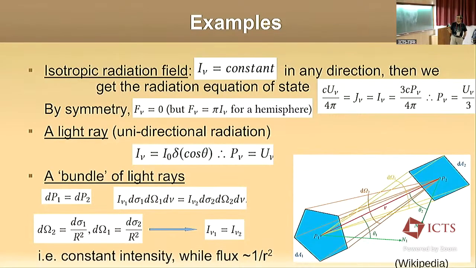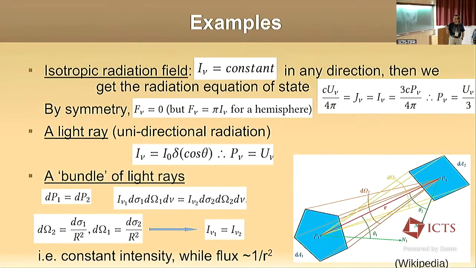In this case, the intensity is just the intensity, and you can indicate the unidirection with some kind of delta function of direction. So just when for a particular direction it becomes 1 and everywhere else is 0. So in this case, again, integrals are very simple because integrals of delta function are very simple. And you get that the pressure is the same as the energy density of the radiation.